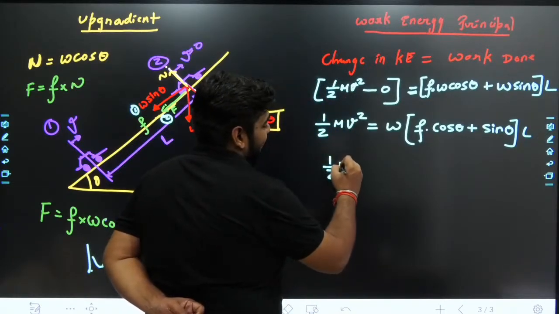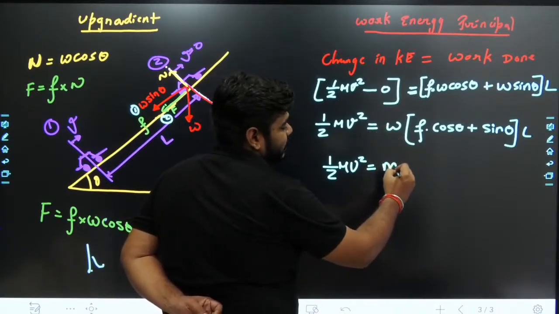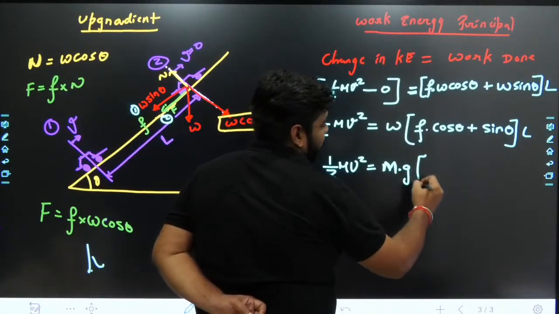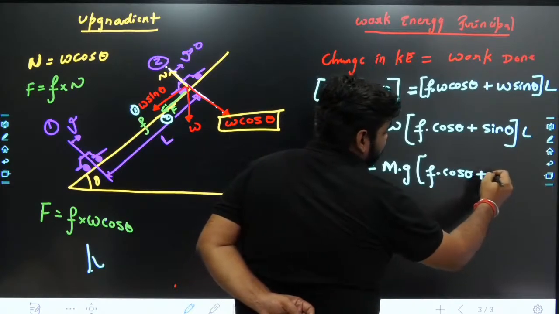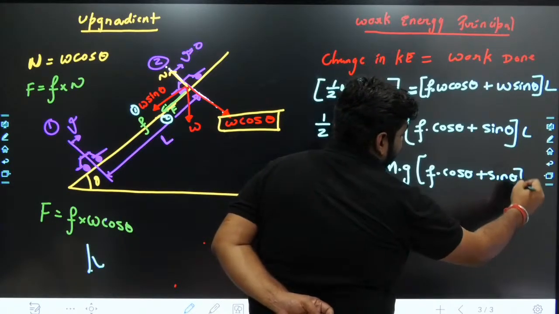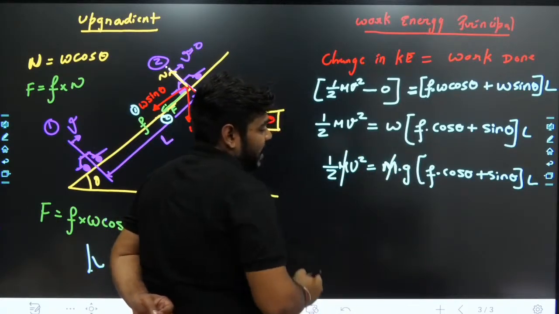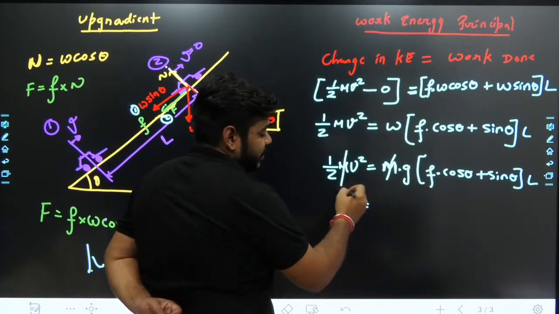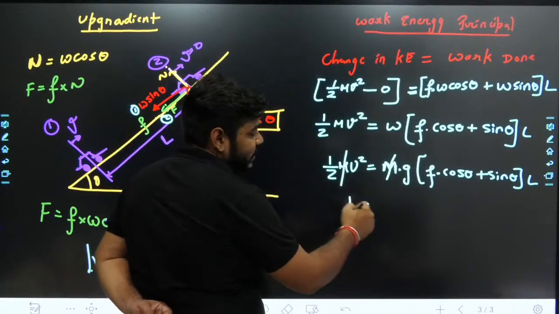We'll write it as half mv square. This W can be written as mass multiplied by g, mg. And next is F cos theta plus sin theta, multiplied by L. Now we'll cancel mass with mass. So our next expression is L. We just want to calculate L, that is the braking distance.